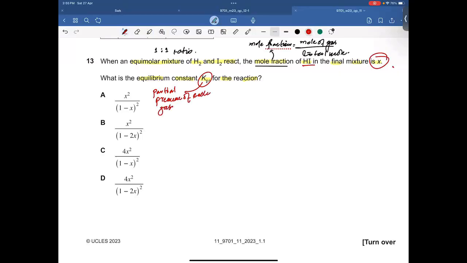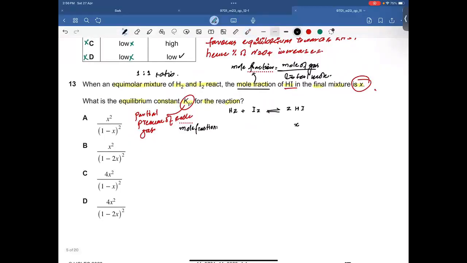All right. So the equation could be like this: H2 plus I2, reversible sign, 2HI. So the mole fraction of HI at equilibrium is X. And we don't know the mole fraction of H2 and I2, which we need to find out. By the way, remember one thing, that the sum of mole fraction is always equal to 1.